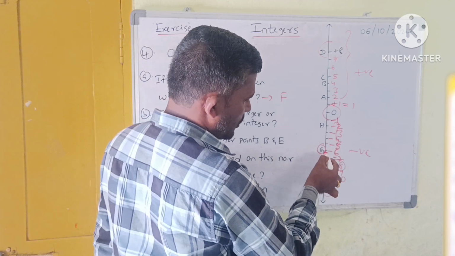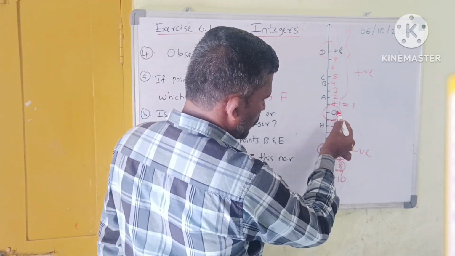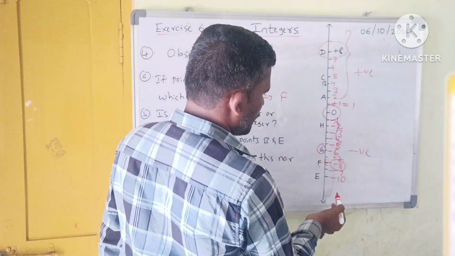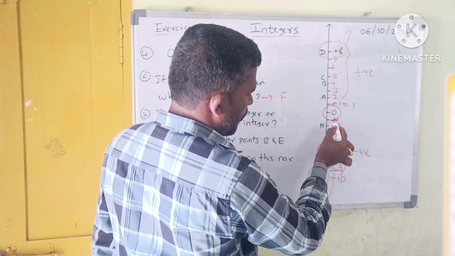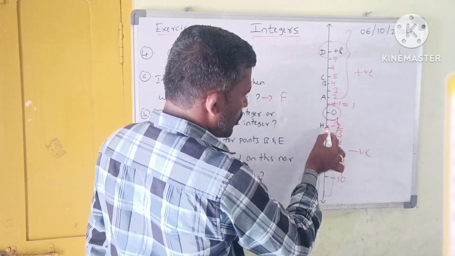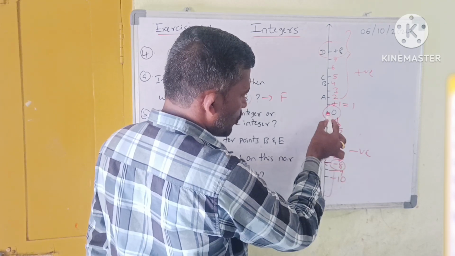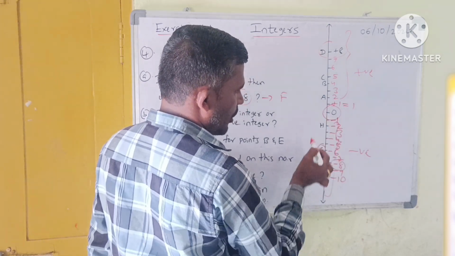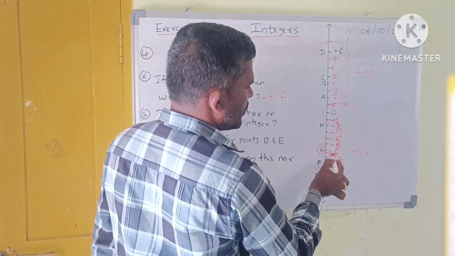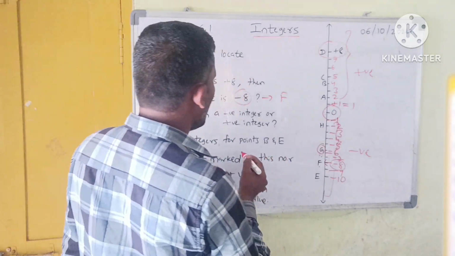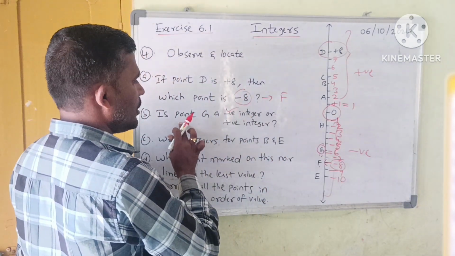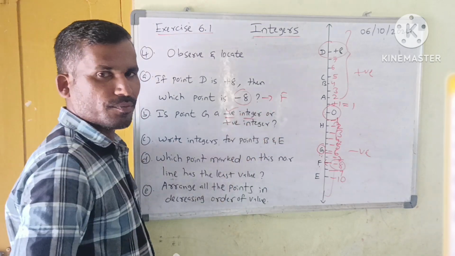So down from G to the origin, all are negative here. Above the origin is positive, below the origin is negative. So G is below the origin. So automatically G is minus 6. And one more thing, G is below the origin, therefore G is a negative integer.